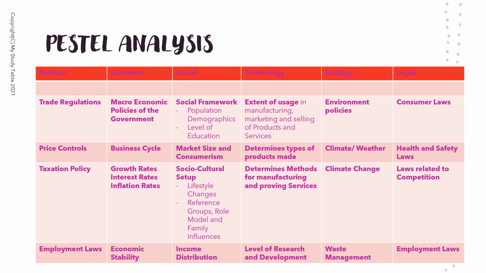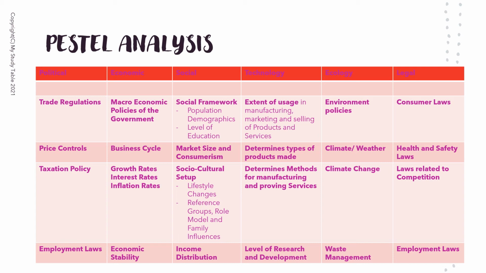One of the popular techniques to analyze the macro environment is the PESTLE analysis. Now, this analysis divides the business environment into 6 related subsystems, namely political, economic, social, technology, environmental or ecological, and legal environments.